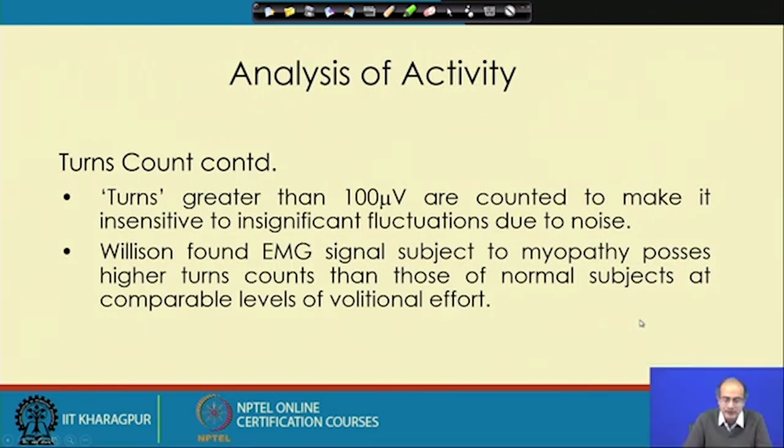So, Wilson, when they used it for the EMG signal of subjects having myopathy, that means some disease of the muscles, found that turns count is higher than that of normal subjects for a comparable level of volition.